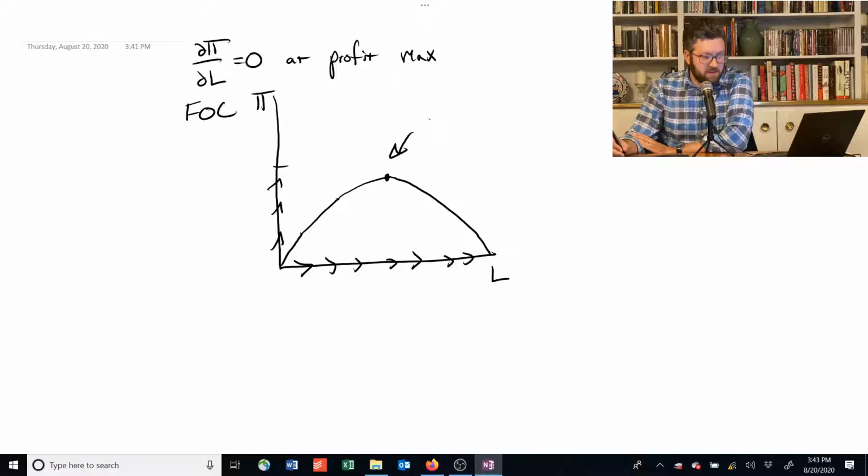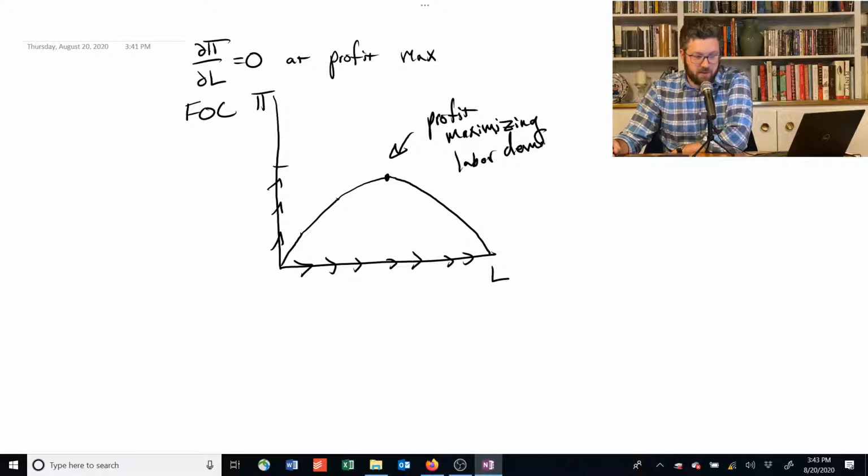And you can see that this is the profit maximizing point. That's the profit maximizing labor supply, or labor demand, how much labor you want, when the derivative with respect to labor is equal to 0.